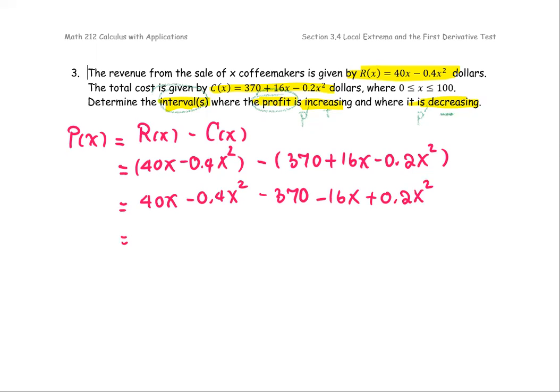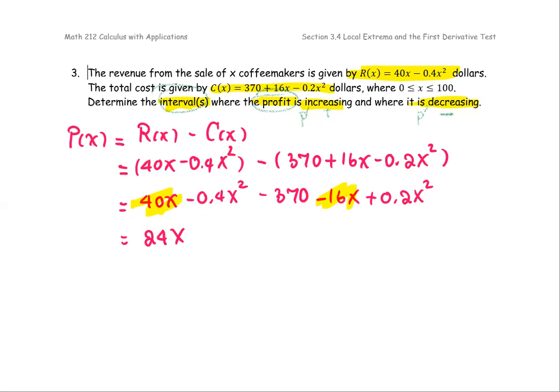Now we have like terms, the 40x and the negative 16x. Subtract them, so we get 24x.